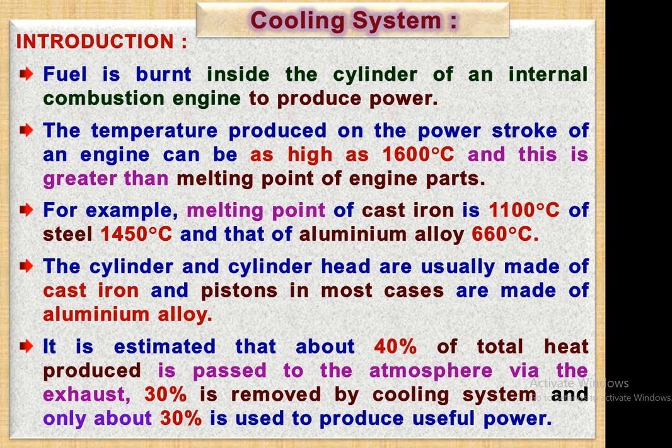So we have now 60% energy within the engine system. Out of this, 30% is removed by the cooling system. Means we have to remove 30% of the energy remaining in the engine cylinder by cooling the engine system.